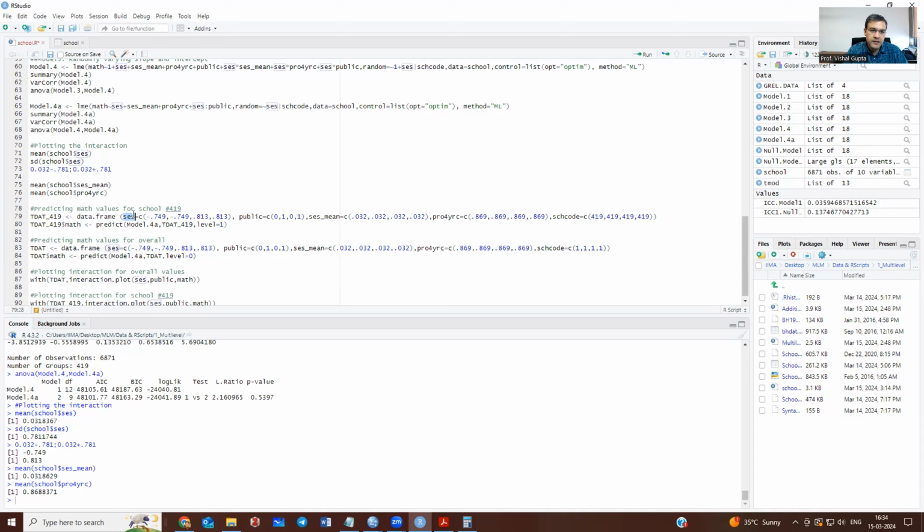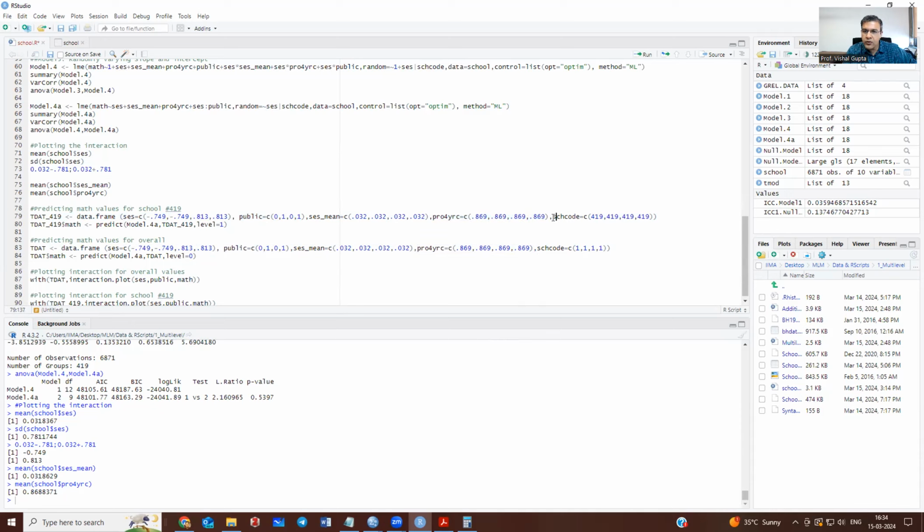So I create a data frame. SES, what are the four values? First negative, negative, and then positive, positive. And public, which is our moderator, I toggle between 0, 1, 0, 1. SES mean, I am holding at its mean value. Pro Fourier, which is another variable in my equation, I am holding at its mean value, 0.869.